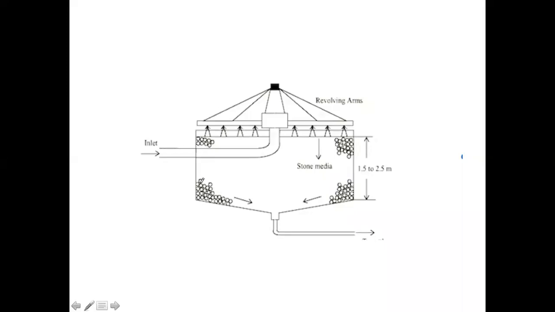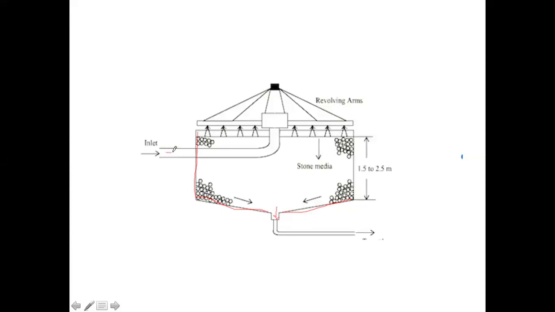In this trickling filter, this is the main box. The bottom is normally circular, with some slope, so that the filtered or treated wastewater is collected at the center, from where it can be taken out.